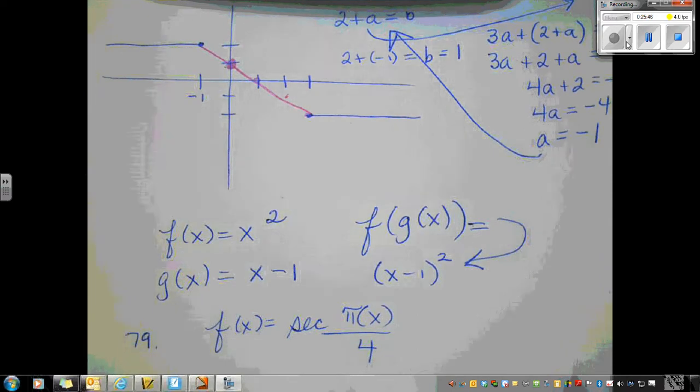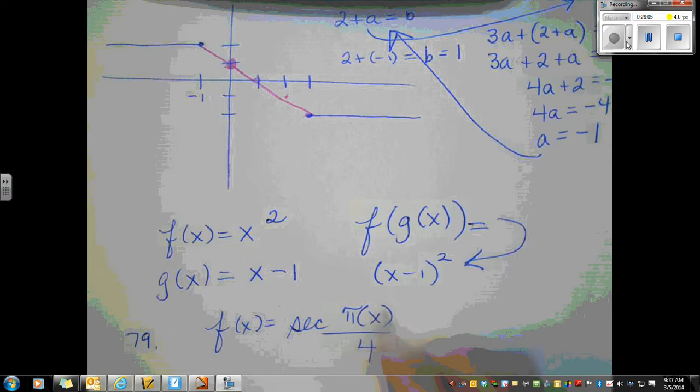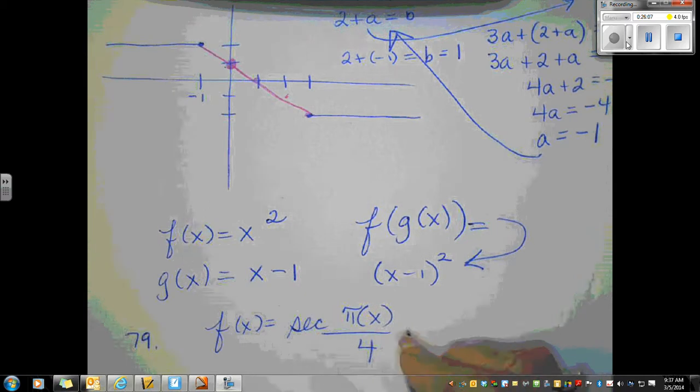All right, let's talk about secant. Doesn't secant keep repeating itself? So aren't there going to be more issues? Anything that makes this come out to be what?